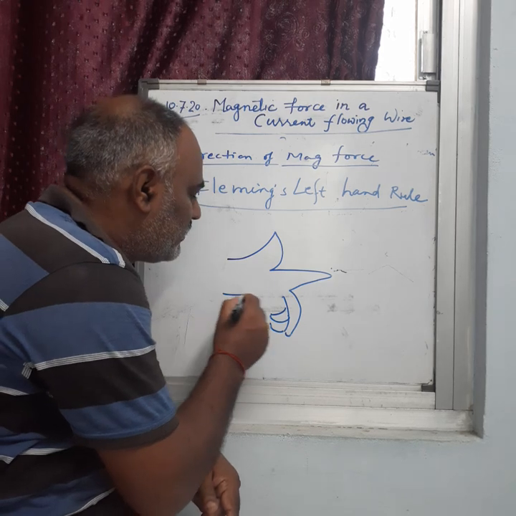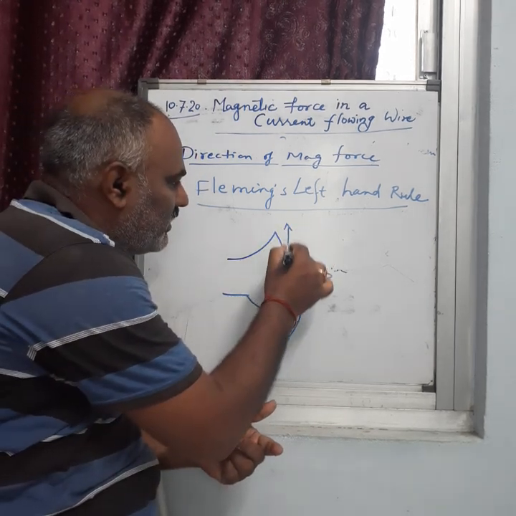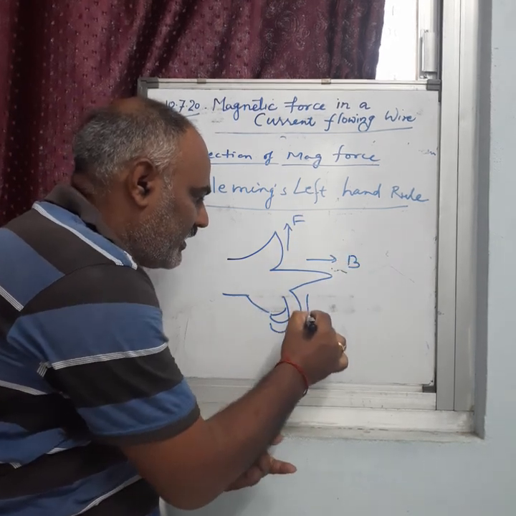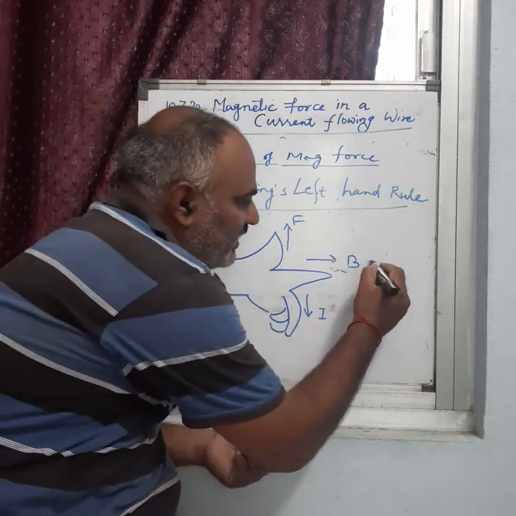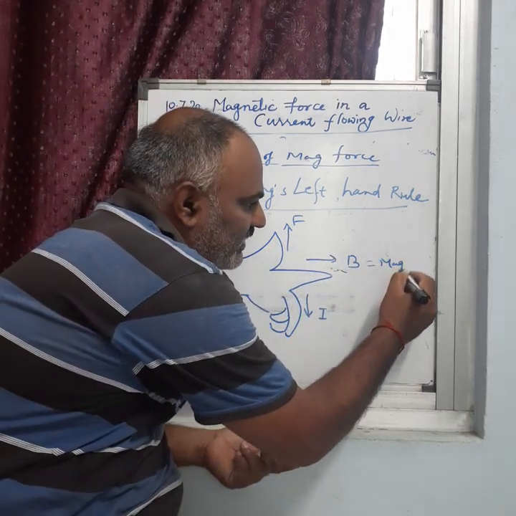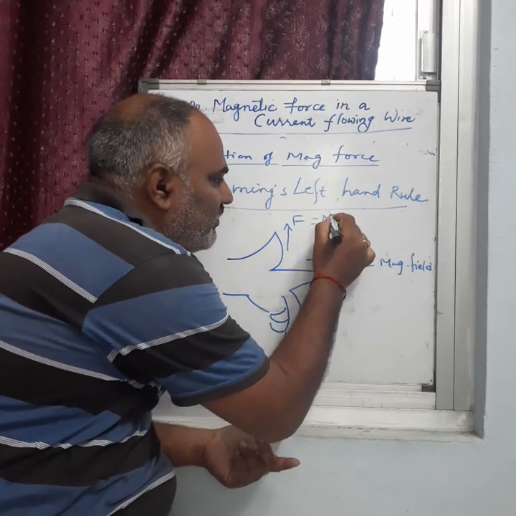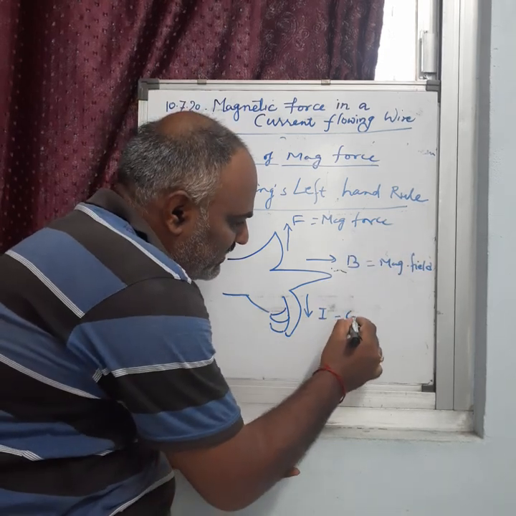What is told is F, B, I. Now try to understand: what is B here? Magnetic field. What is F here? Magnetic force. What is I here? Current.